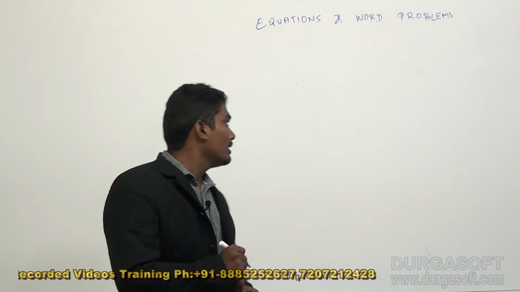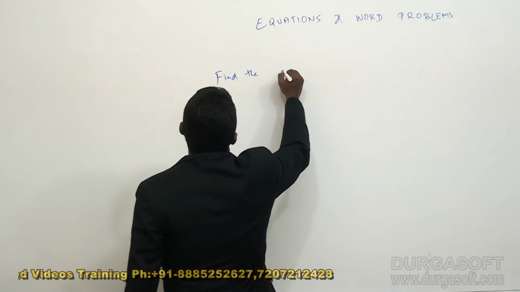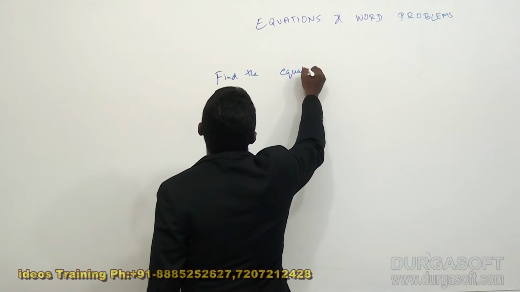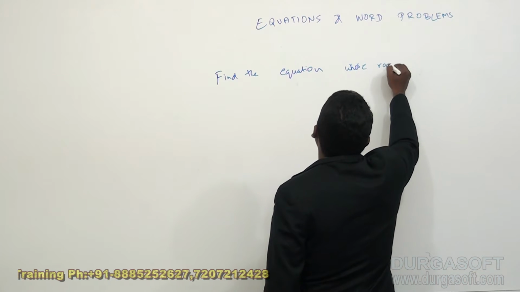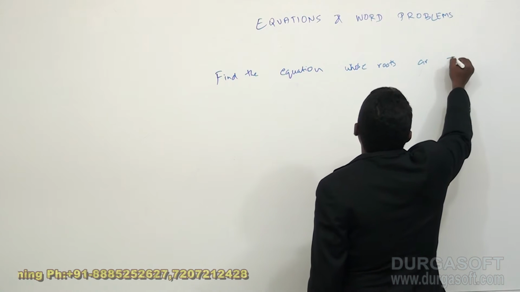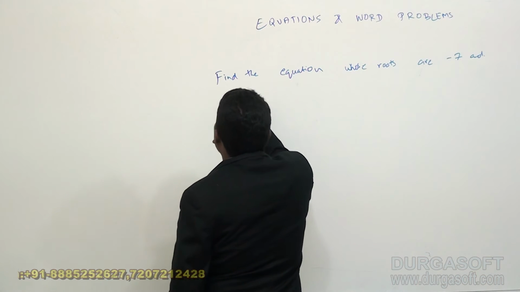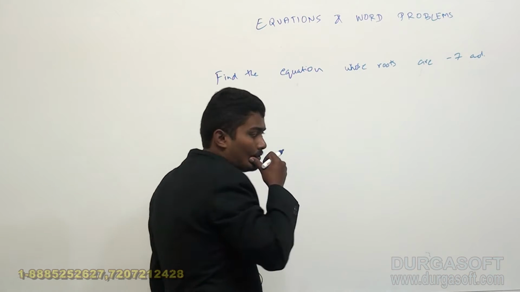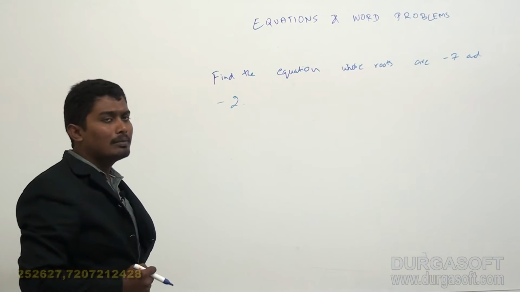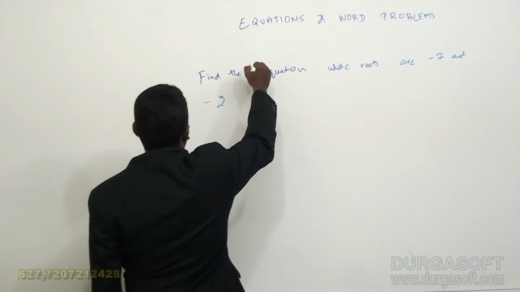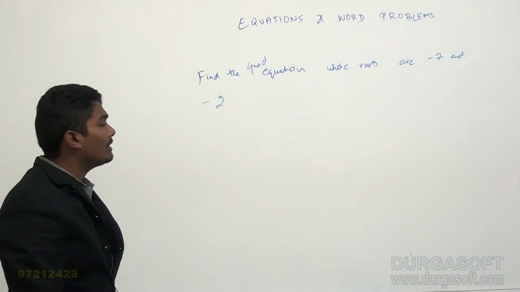For example, find the equation whose roots are -7 and -2. Let's say, find the quadratic equation whose roots are -7 and -2.